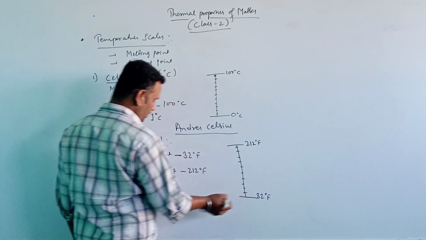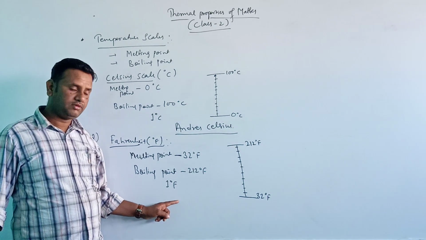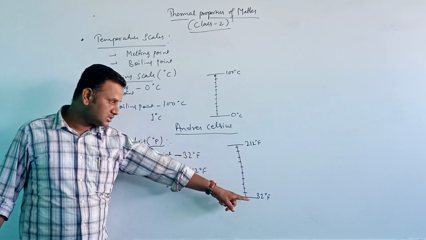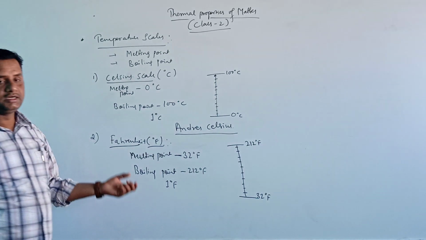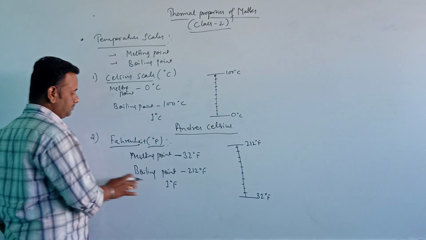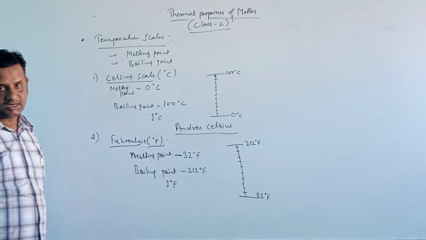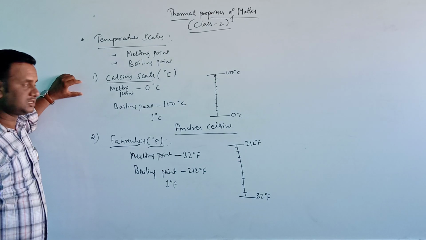Each division is 1 degree Fahrenheit. So this is about the Fahrenheit scale.